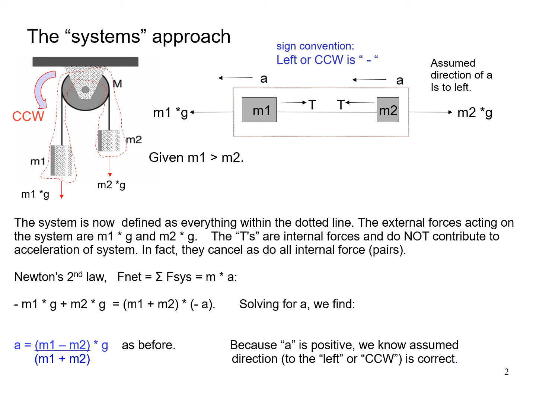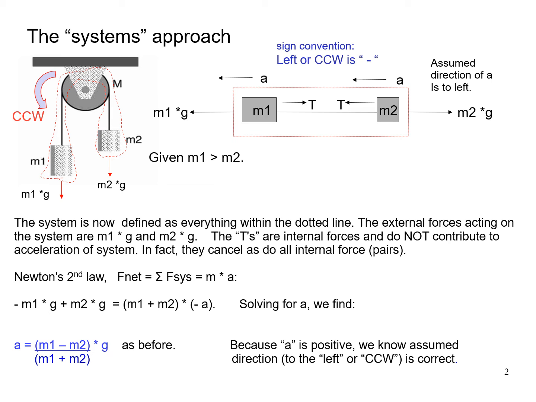That is, the T terms don't appear in our answer. The stumbling block for novice learners is that the tension forces act on different objects. In this example, one tension is acting on m1 and the other tension force is acting on m2. Their net effect, however, is that they cancel, and internal forces always cancel.